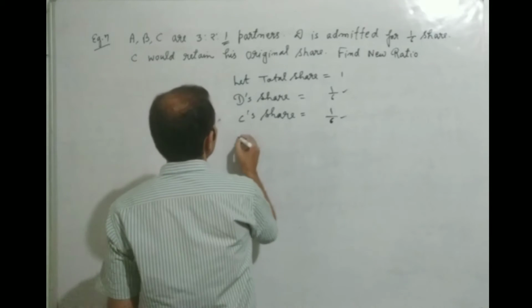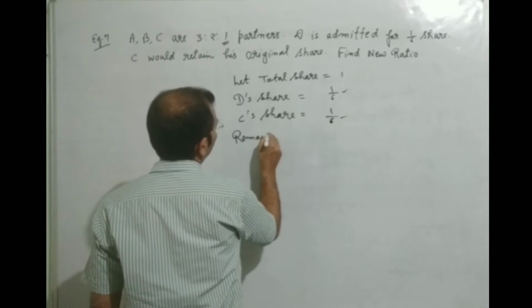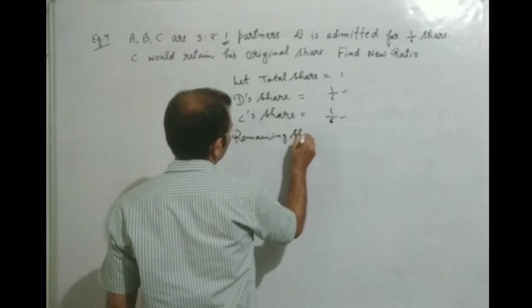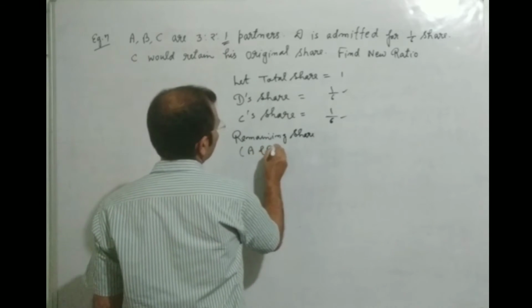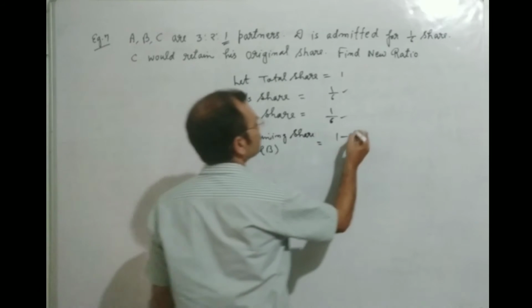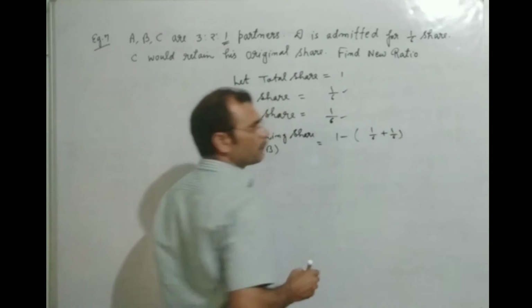So we will find the remaining share. Remaining share for A and B will be 1 minus 1/6 plus 1/6.